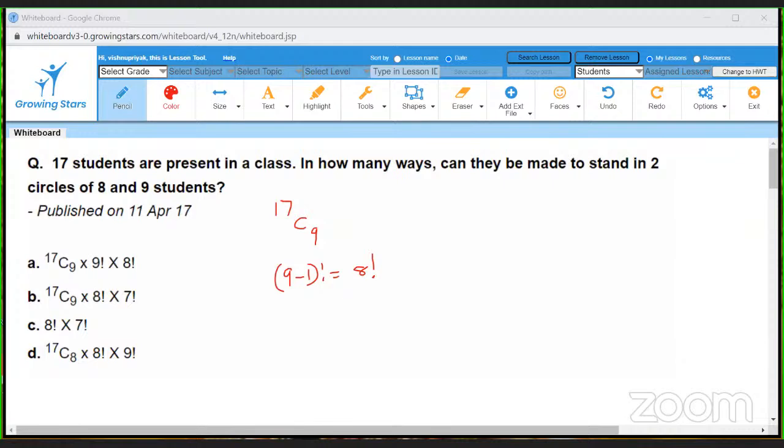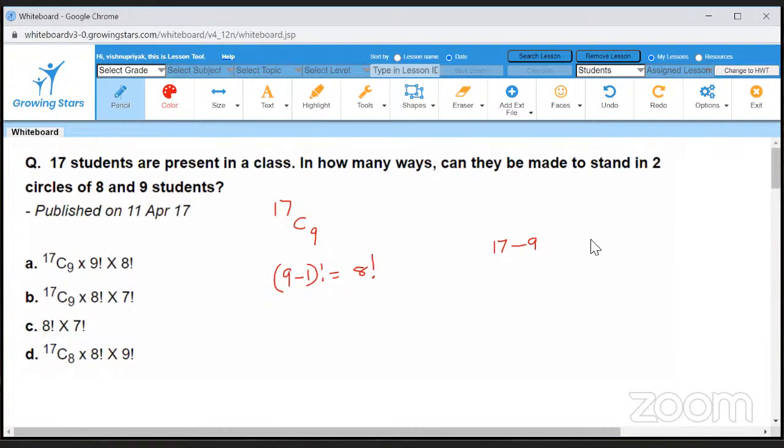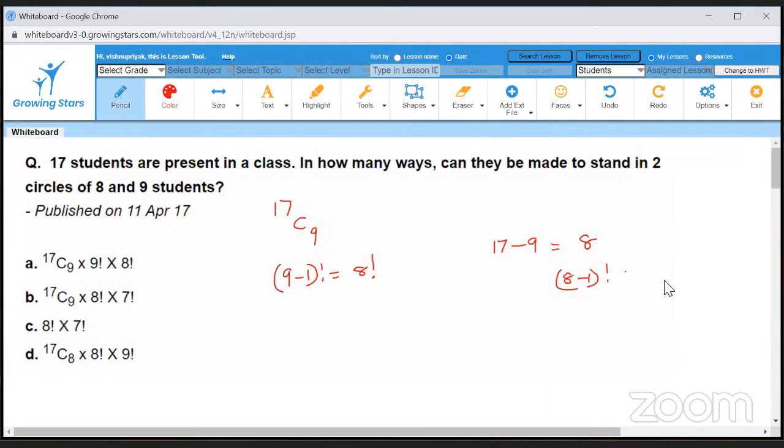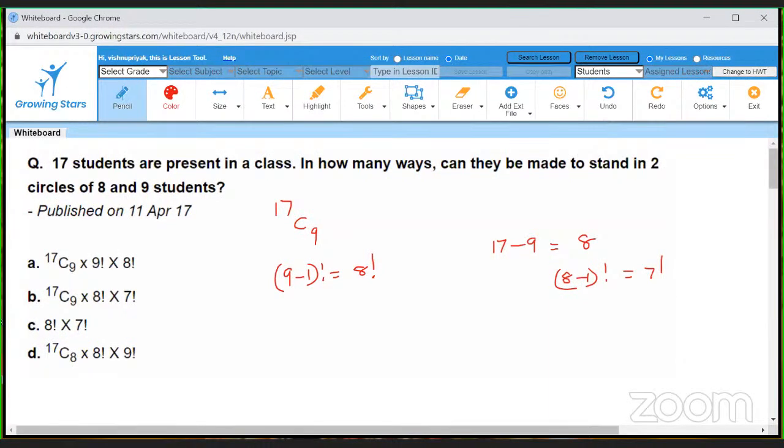Now, from 17, you have already selected 9 students. So 8 students are left. These 8 students also are to be arranged in another circle. And that can be done in 8 minus 1 factorial, that is 7 factorial ways.